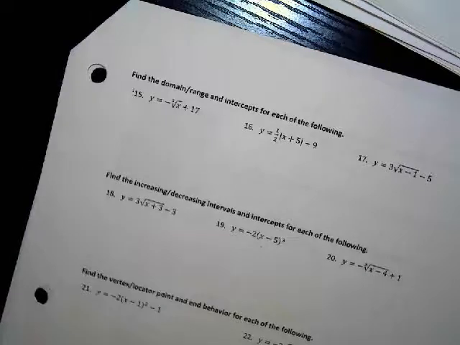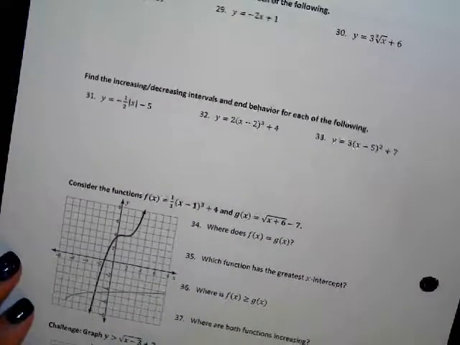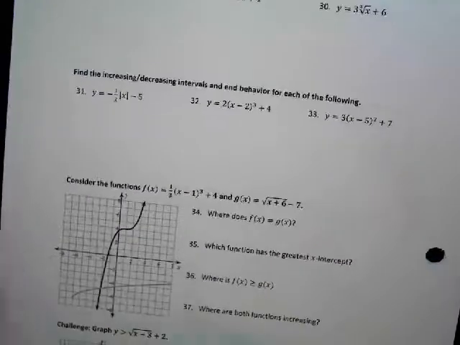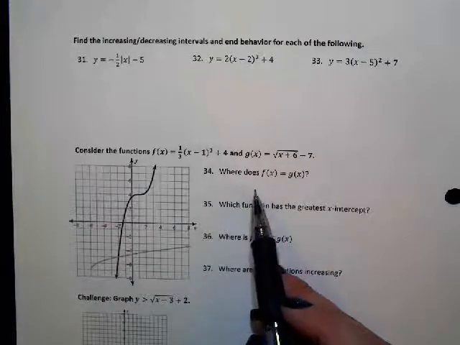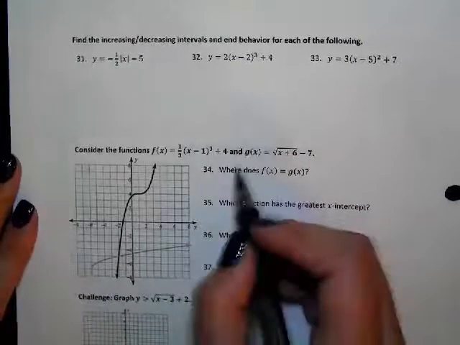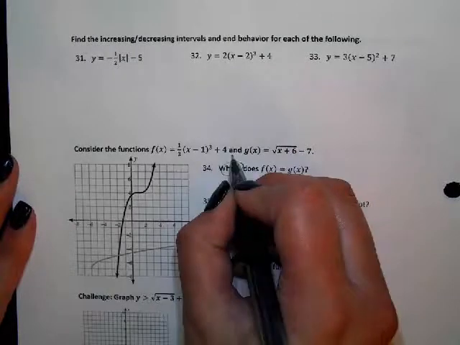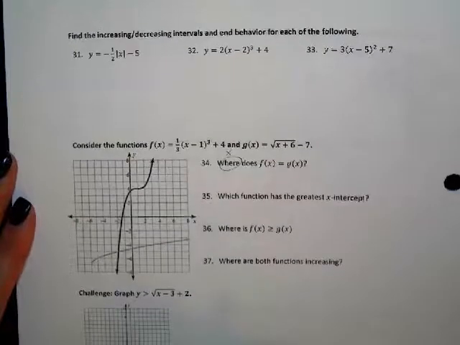Let's look at the other ones I thought we would probably want to go over, 34 through 37. Yes? Okay. So it says, where does f of x equal g of x? You have two options for how you could answer that question. You could give the x and the y coordinate, but when they ask the question where, technically the only value you have to give is the x value.